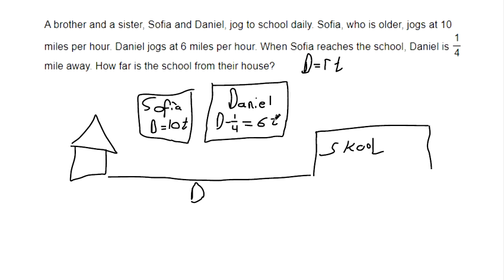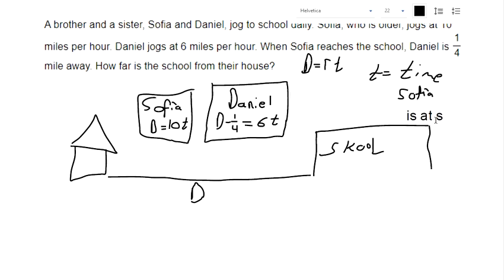But if t represents the hour that Sophia makes it to school, then at t time, Daniel still has 1/4 of a mile to go. So we got to take that total distance, D, subtracted by 1/4 of a mile, because that's how much more Daniel still has to go.